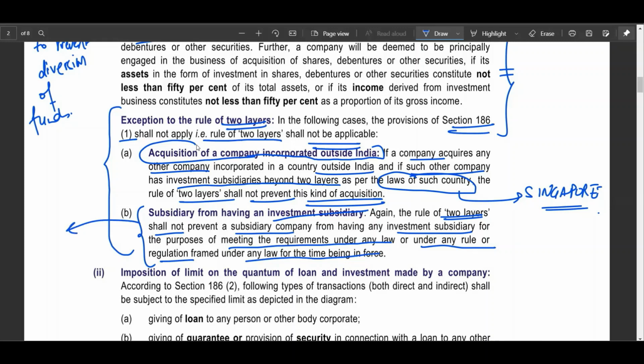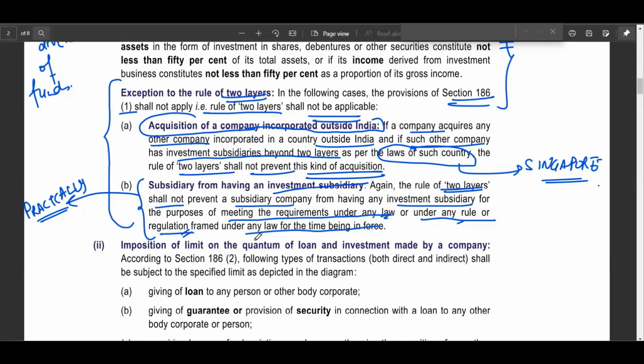This section cannot be practically implied anywhere, since in any rules, law or regulation it is not simply said that the subsidiary company can have an investment subsidiary with more than two layers of investment subsidiaries. So this cannot be practically implemented, but you will have to remember that anyway.